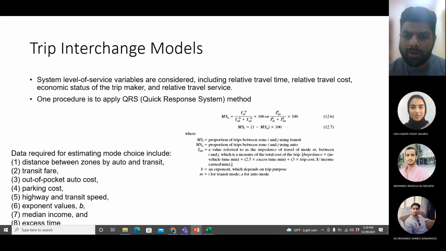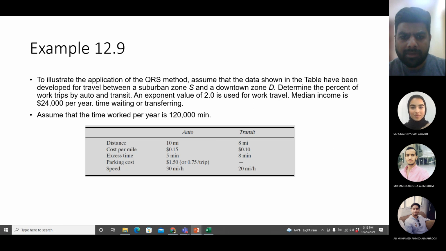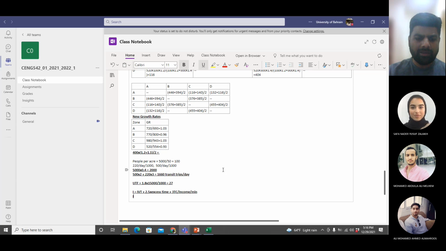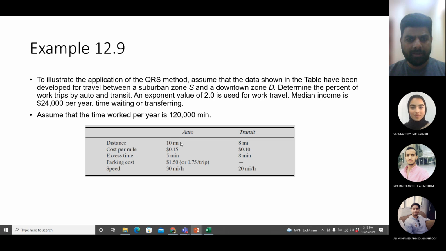Okay, is in-vehicle time given or not? No, it's not given. So I need to calculate the in-vehicle time first of all. In-vehicle time for automobile: they're giving me the speed and the distance. Distance upon time is speed, so now I'm calculating the time, it will be distance upon speed, right?